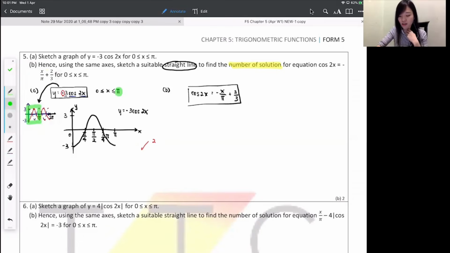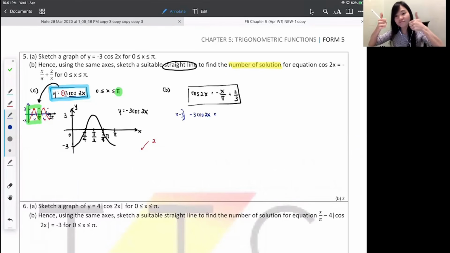This question never tells you what y is, but look at the information. You know that y equals negative 3 cos 2x, correct? So now I already see cos 2x. I just don't have the negative 3. So how do I get that? I can multiply everything by negative 3. So cos 2x times negative 3 is negative 3 cos 2x. Correct?